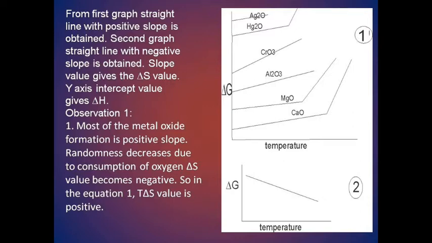Here the delta S value becomes negative because the randomness decreases. What is S? S means entropy, entropy means randomness. So when we apply the negative delta S value in the delta G formula, the T into delta S term we get as a positive.